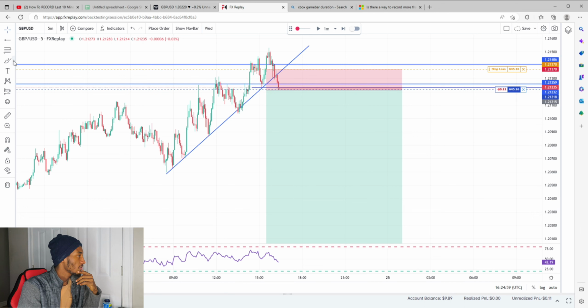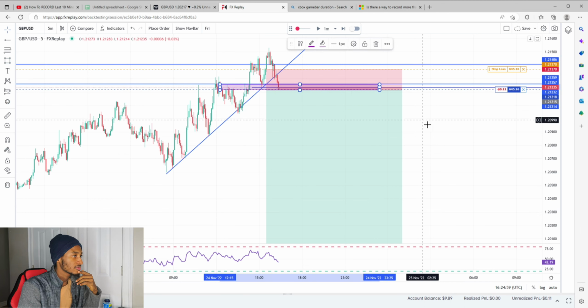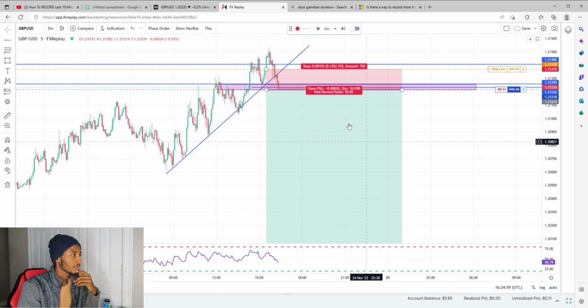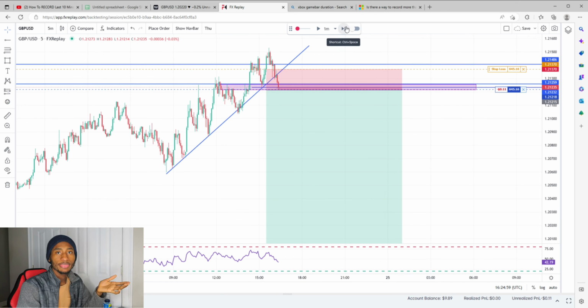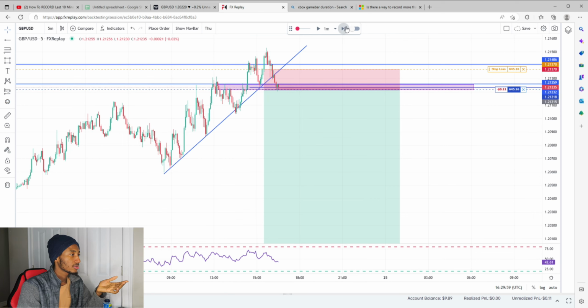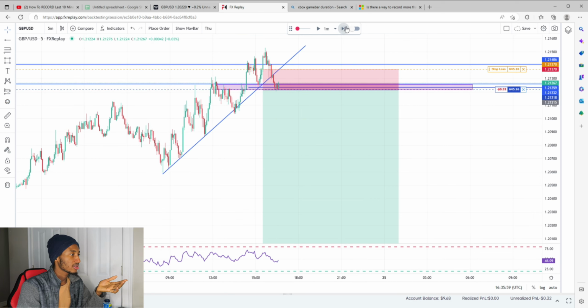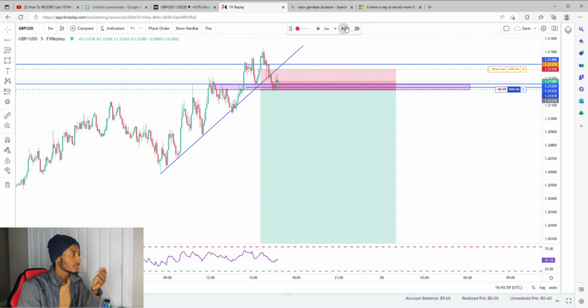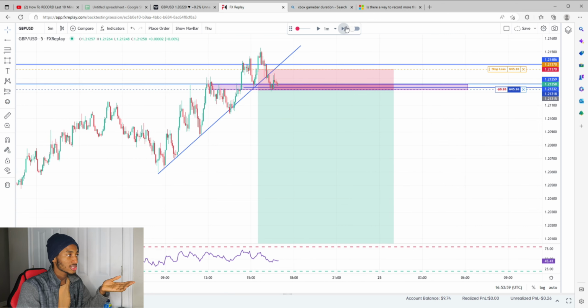Okay, so now I will add another position if market breaks this level, right? If market breaks that level, I will add another position. We want it to break and close. Almost went to our stop loss.